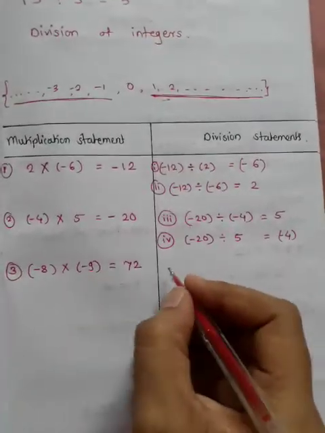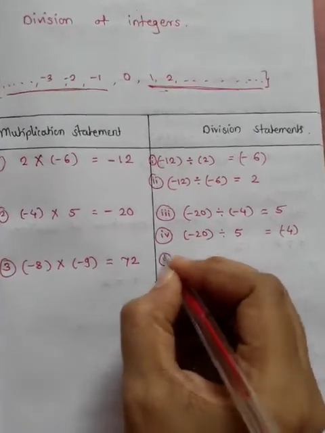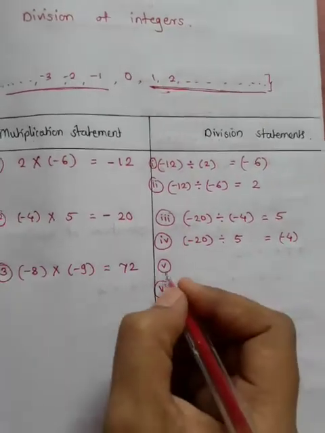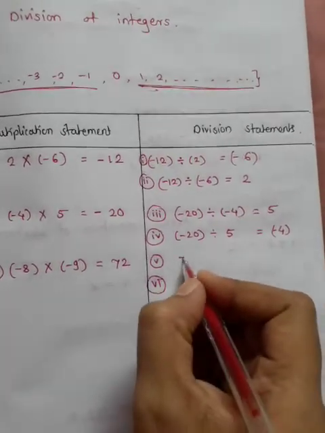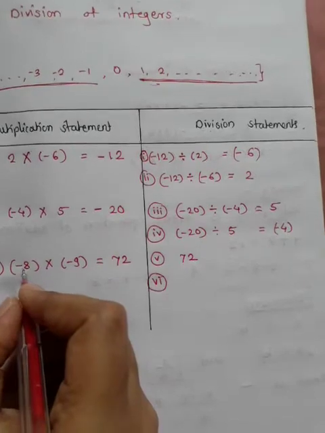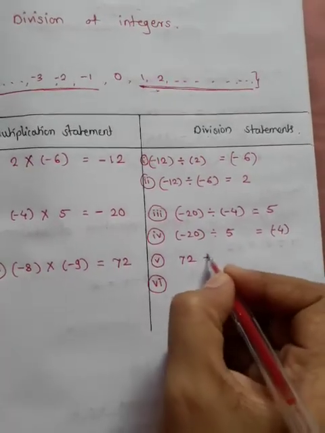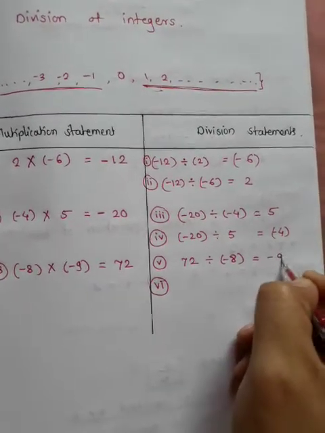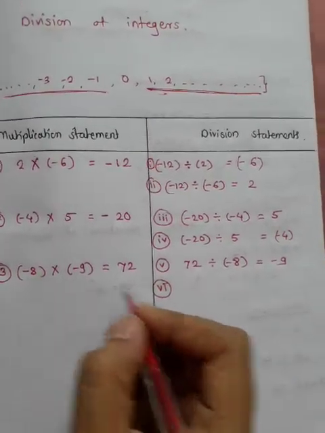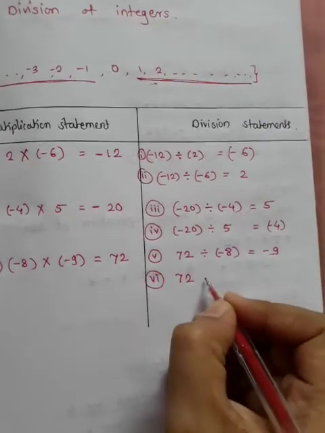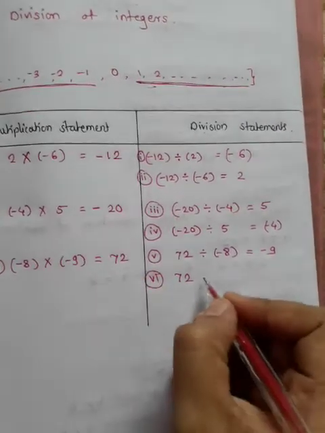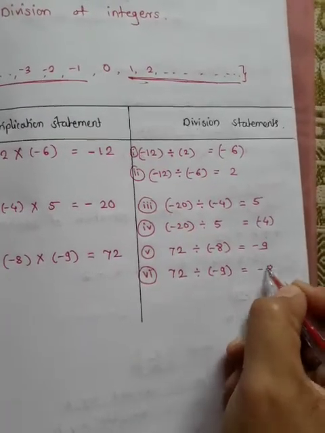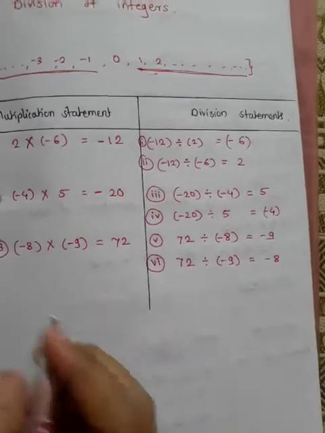This multiplication statement again gives two division statements. What is the first? 72, when this minus 8 goes to the opposite side, it gets divided, and what remains is minus 9. And the second statement is 72, when this minus 9 goes to the opposite side, what remains is minus 8.